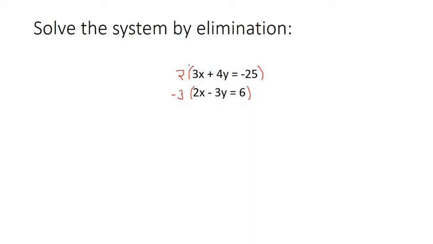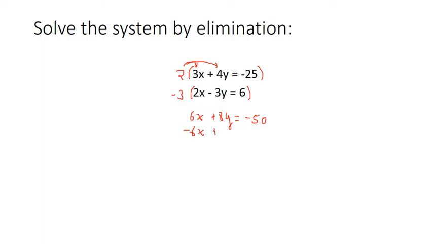So if I do this, I'm going to end up with 6x, and then I have plus 8y is equal to negative 50. The second equation, we're going to end up with negative 6x.